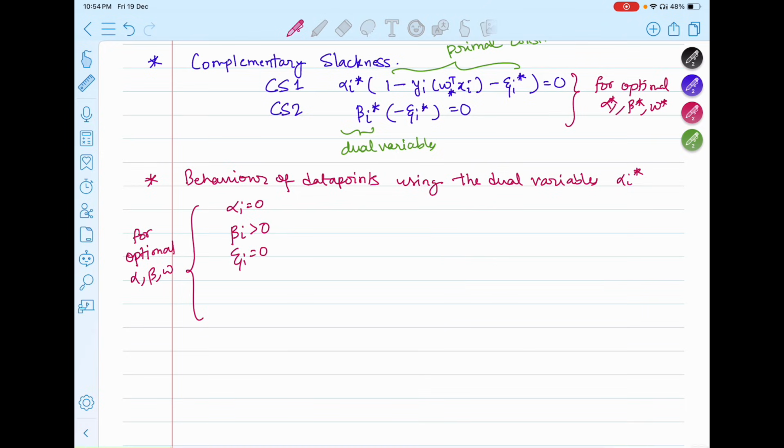And zeta i is always bigger than or equal to 1 minus yi w transpose xi. What does that mean? That means yi times w transpose xi is bigger than or equal to 1. That means it is correctly classified, and it is outside the margin.